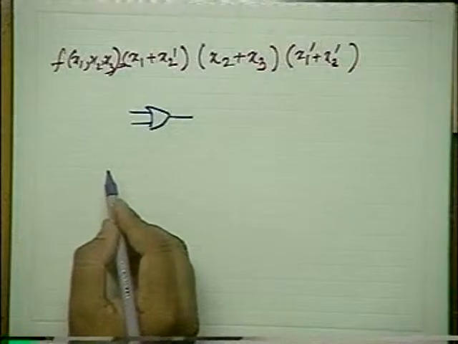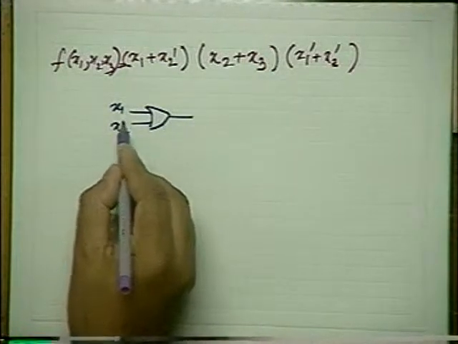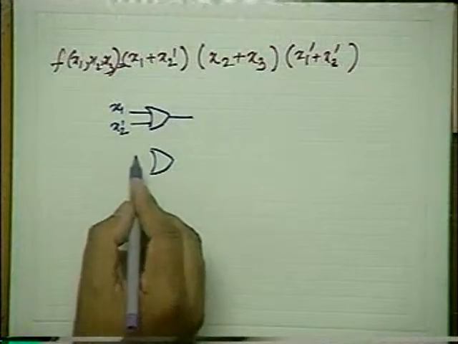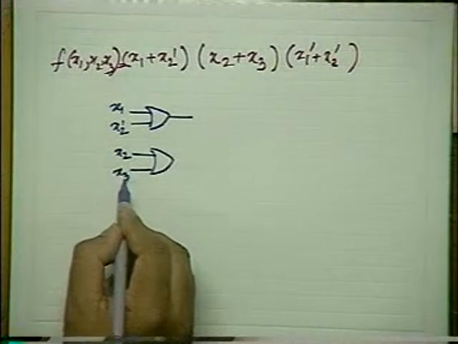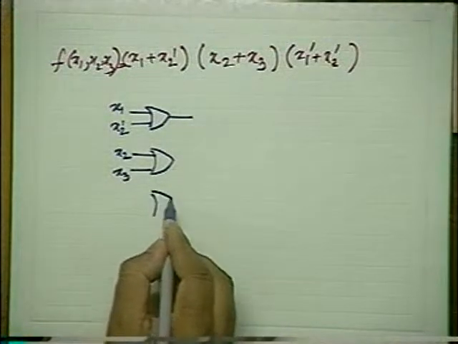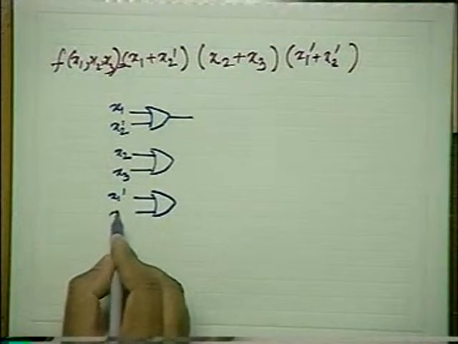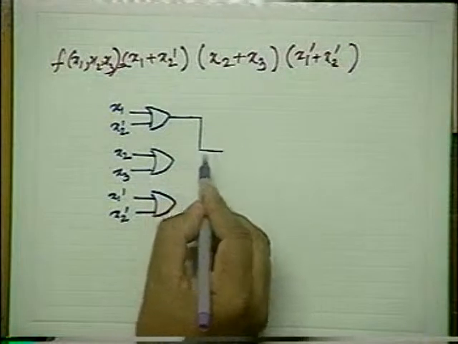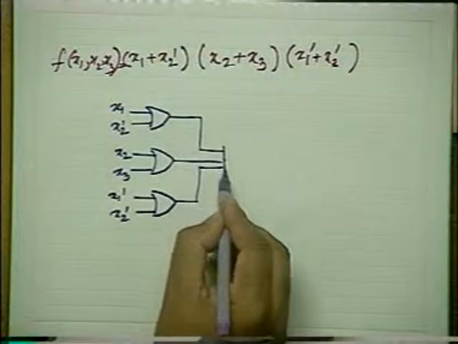Here I have x1, here I have x2 bar, here I have x2, here I have x3, x1 bar and x2 bar, and now put them into an AND gate.